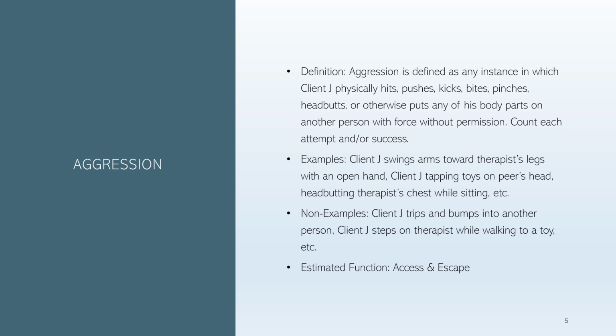Aggression is defined as any instance in which Client J physically hits, pushes, kicks, bites, pinches, headbutts, or otherwise puts any of his body parts on another person with force without permission. We count each attempt and/or success. The estimated function of this behavior includes access to preferred items and escape from demands.